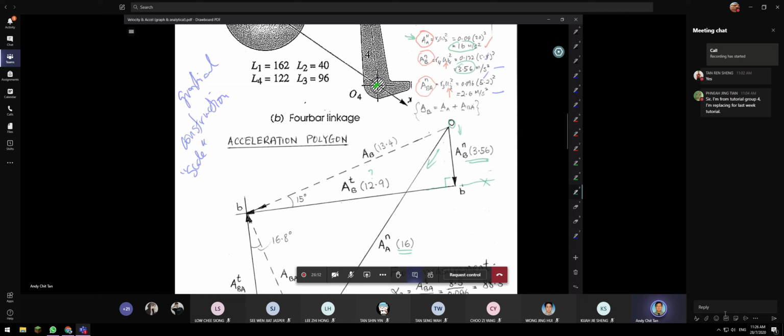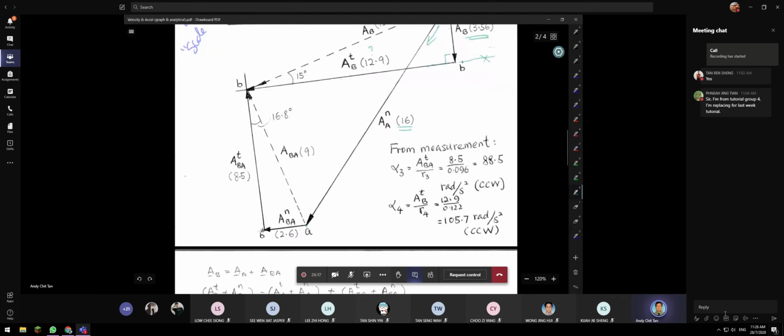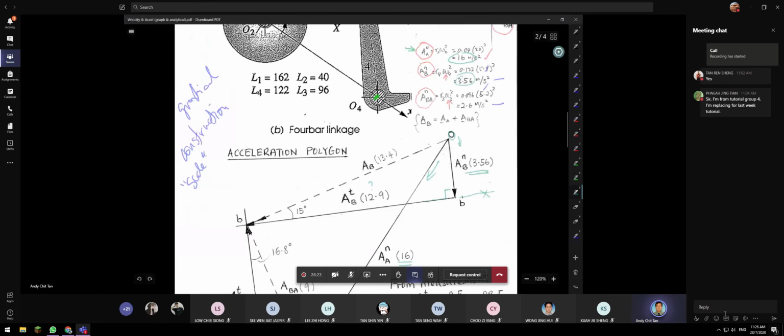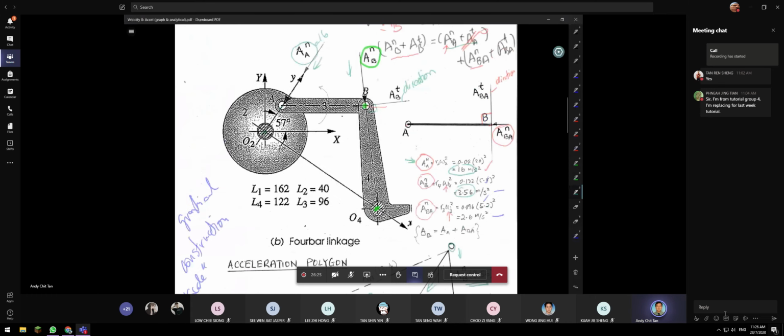To find the intersection, we now need to know BA. BA we already found from here. It goes in this direction, from point B to point A. The value is 2.6.